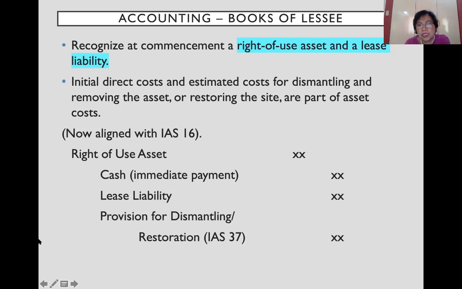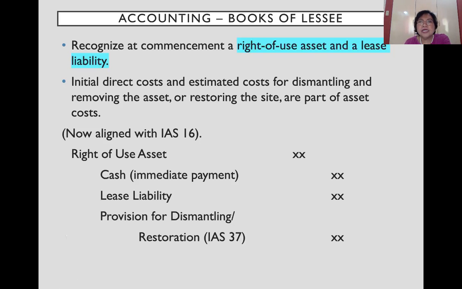Therefore, the party that receives the right to control the asset is called the lessee, whereas the party which provides the customer that right in exchange for consideration is called the lessor. Therefore, we will now proceed to accounting for leases first in this video in the books of the lessee.